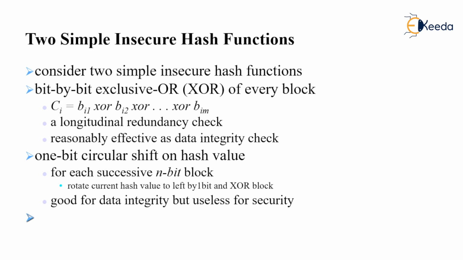For this, each successive n-bit block is circularly shifted: rotate the current hash value to the left by 1 bit and XOR the bit. This is good for data integrity but useless for security. So these are some functions which are considered insecure hash functions.